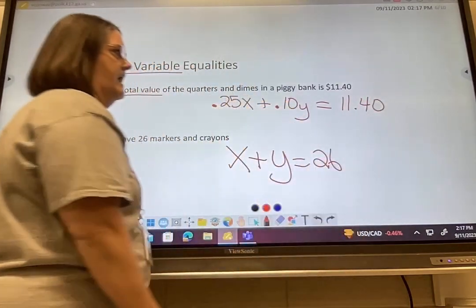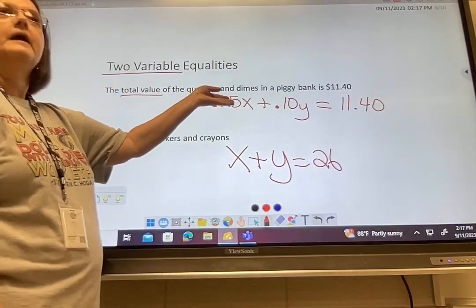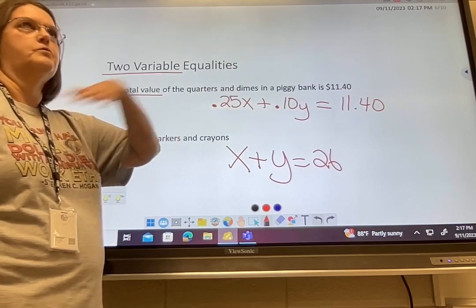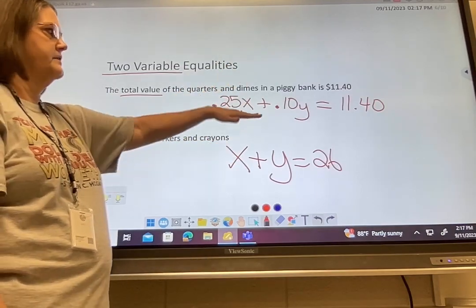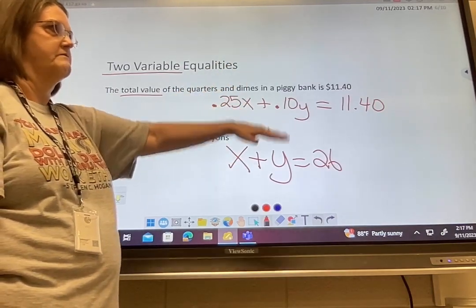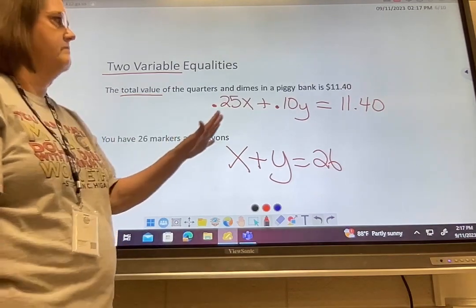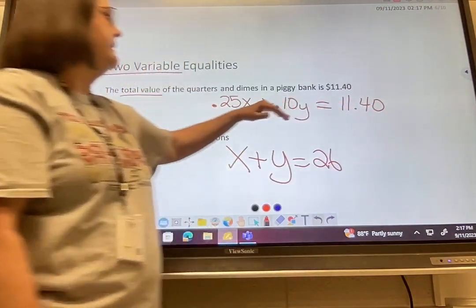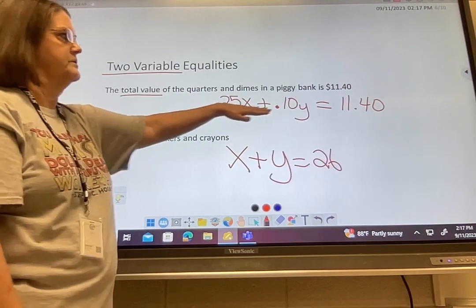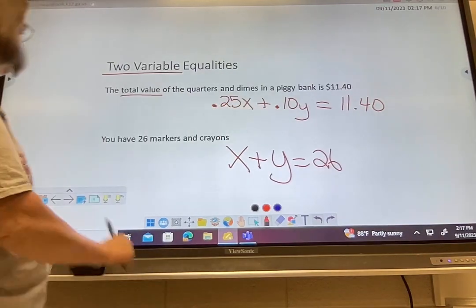Had they just said that I had quarters and dimes and asked me for the total and said I had 25 quarters and dimes, then I'd have just said x plus y equals 25. But because I have money here, I needed to insert the value of the quarters and the dimes for this one.